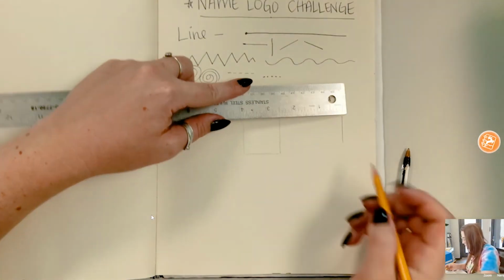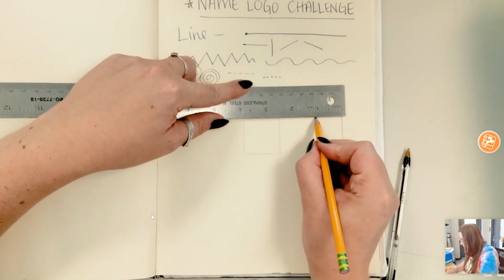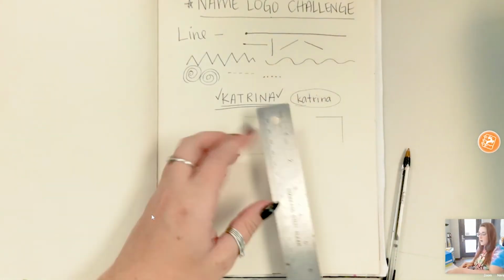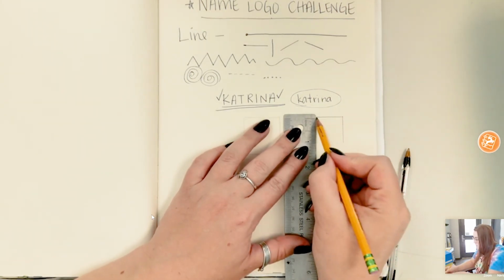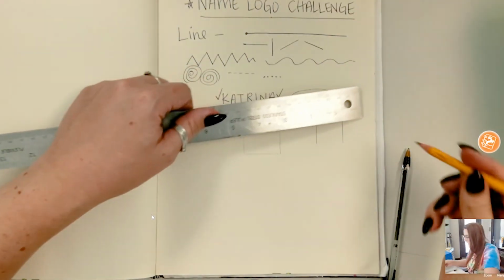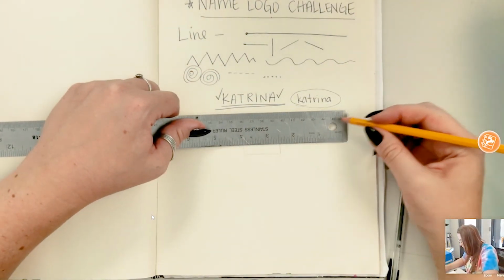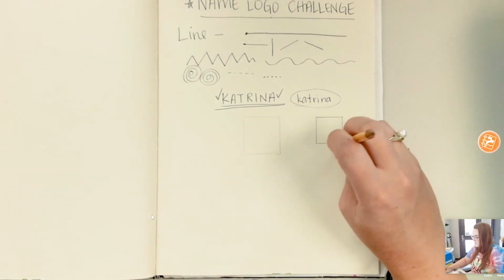This box is just going to be 1 inch by 1 inch. And what we are just drawing in here is just a guide box, okay? This guide box is not going to be part of your art. It's just going to help you keep track of your letters and size and placement.